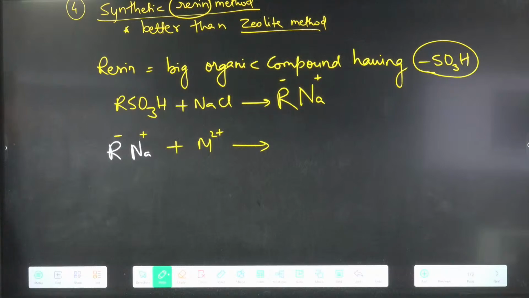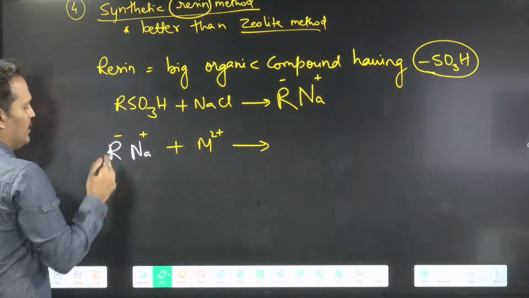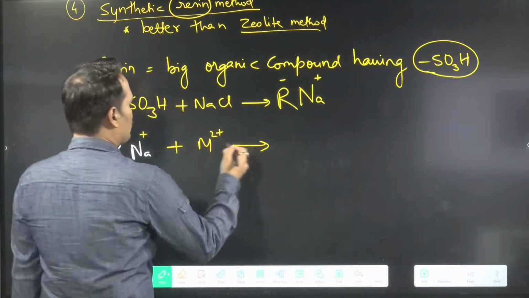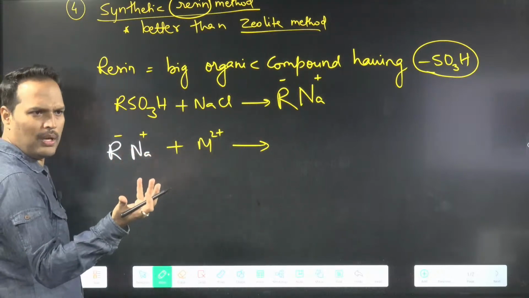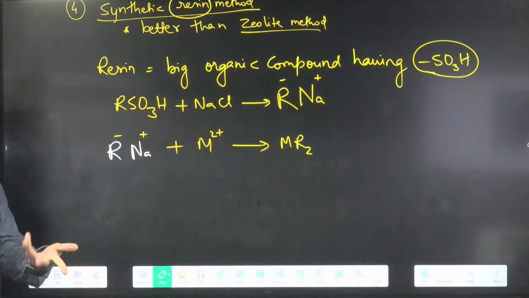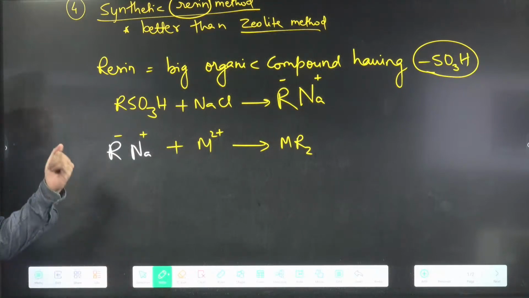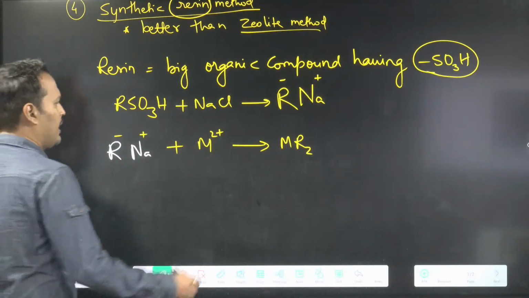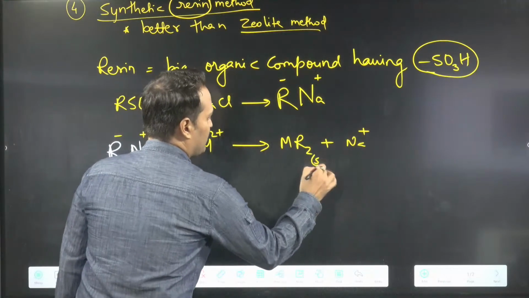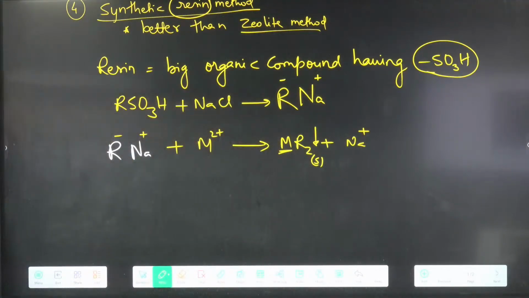Again the same thing, just cation anion matching, so R minus will go and trap this. You can write MR2 or R2M, your choice. And what is left? Na plus. This one is precipitated. Now your friend is crying at the bottom. Simple.